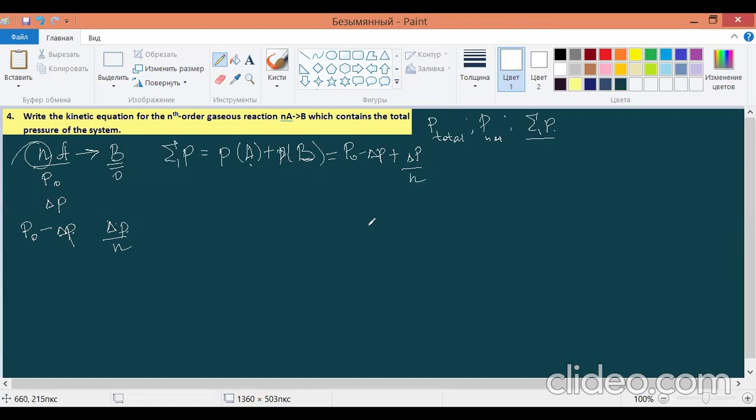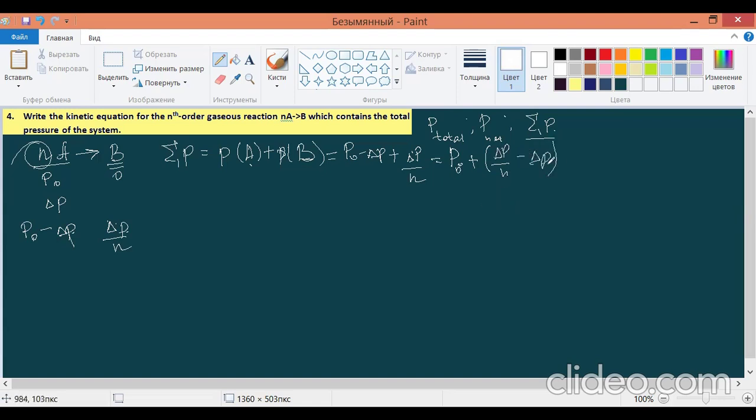Now, I can put these two terms together in the brackets. So I'm going to write it in detail: plus delta P over N minus delta P, right?